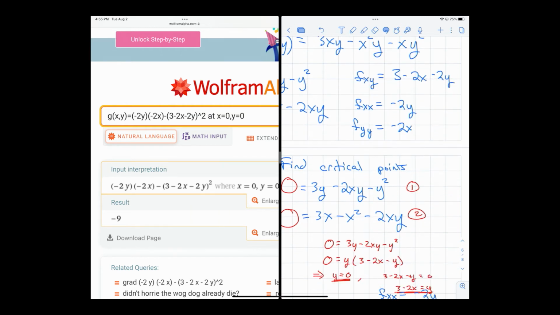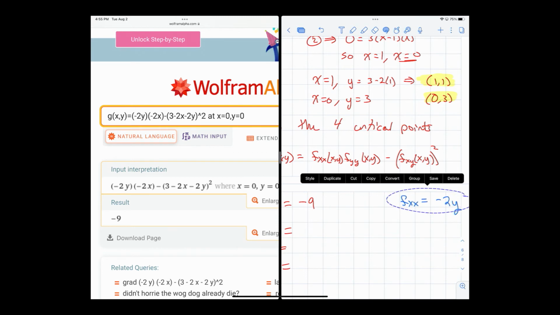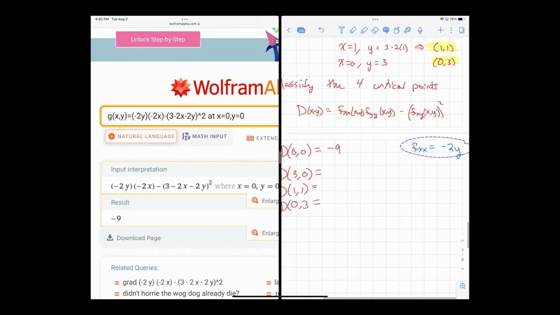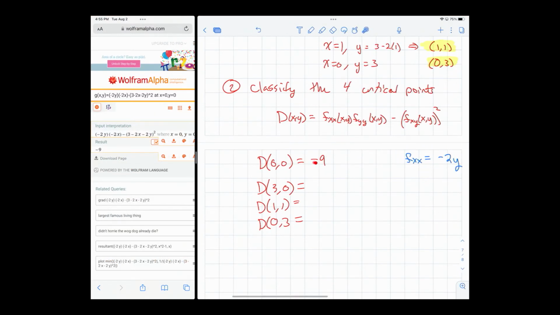Scroll. All right, there it is. So that's fxx. That's negative, and if you put in 0, 0 in here, you're going to get 0, right? So I'm just going to write fxx equals 0.